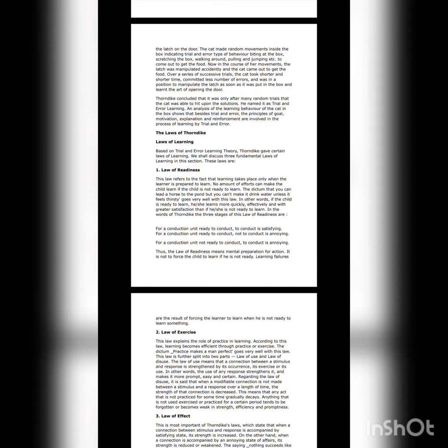The dictum that you can lead a horse to the pond but you can't make it drink water unless it feels thirsty goes very well with this law. In other words, if the child is ready to learn, he or she learns more quickly, effectively, and with greater satisfaction than if she or he is not ready to learn.